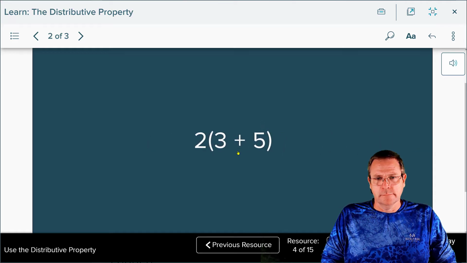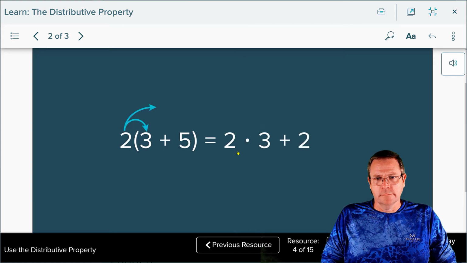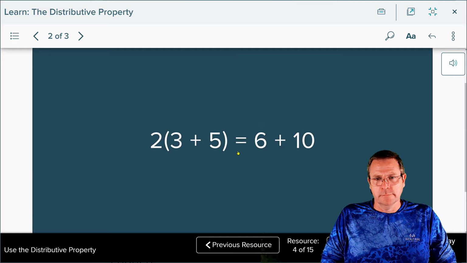Consider another example. Apply the distributive property to the expression 2 times the quantity 3 plus 5. Multiply each term inside the parentheses by 2. 2 times 3 plus 2 times 5. This can be written as 6 plus 10, or 16.